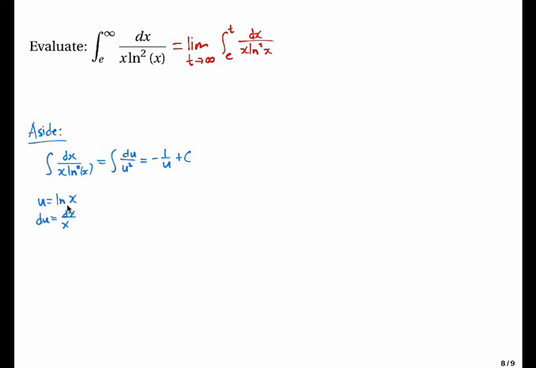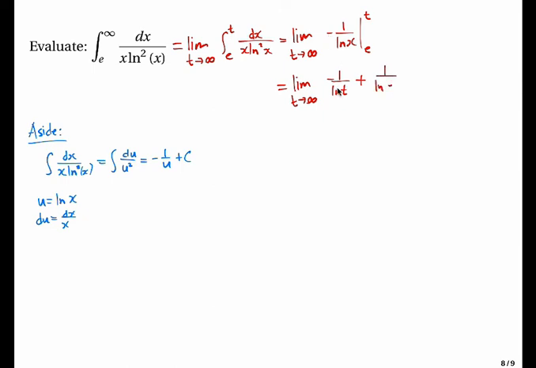So in here, we will have the limit as t goes to plus infinity of negative 1 over ln of x evaluated from e to t, and this is equal to the limit as t approaches infinity of negative 1 over ln of t plus, because this is negative, so minus minus, so that's plus, 1 over ln of e.